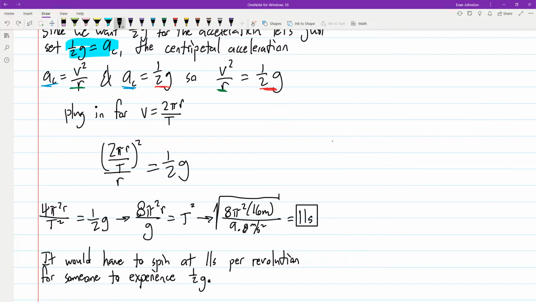And so what I've done is I recognized that this becomes an r squared, and there's an r squared divided by r. So this r goes away, and then this top r is no longer squared. And then everything else was just 2 squared is 4, pi squared is pi squared, T squared is T squared. So I have that, and then I have my right-hand side. And then I just got T squared alone.